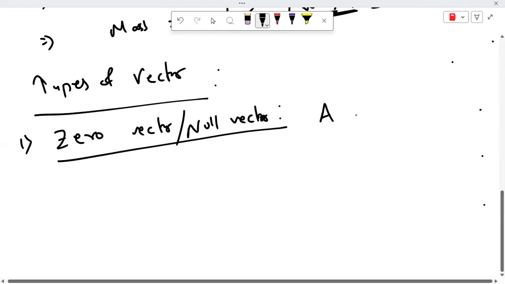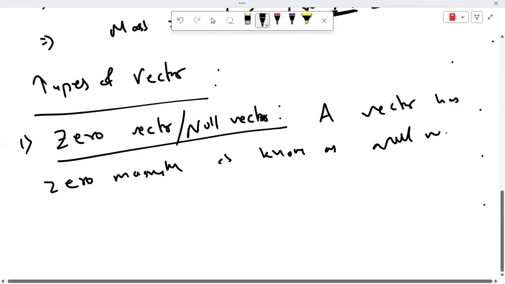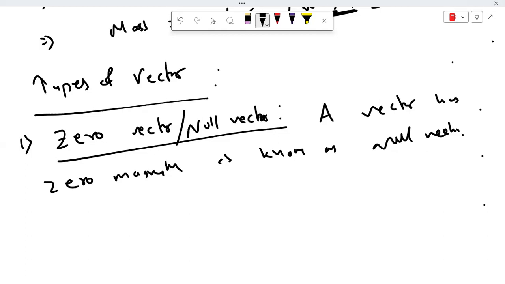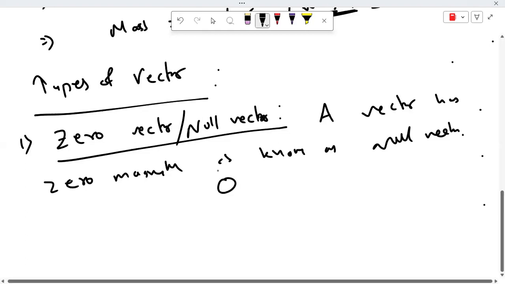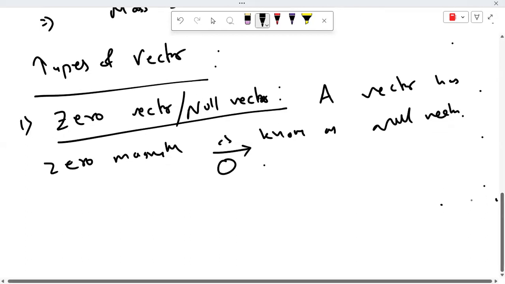A vector which has zero magnitude is known as a null vector. It can have any direction. It is written as zero vector. We can also say its initial point and terminal point coincide.